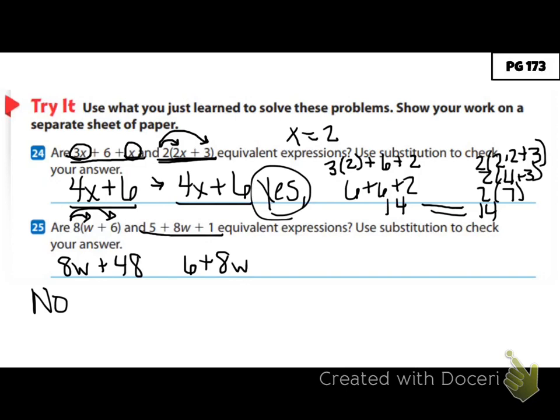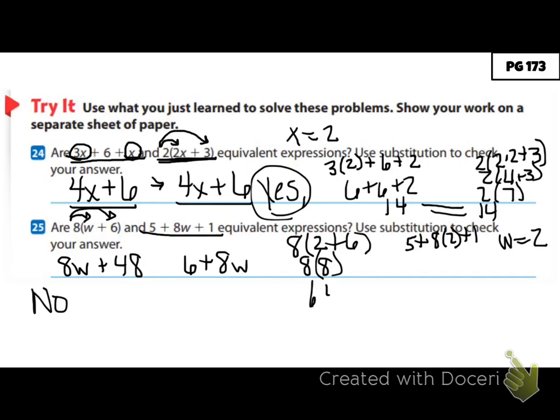But let's use our substitution to check. So I'm going to say w is equal to 2 once again, and I'm going to plug them in. 8 times w, which I'm going to be using 2, plus 6, and then I have 5 plus 8 times w, 2, plus 1. So 2 plus 6, starting in my parentheses, is 8.